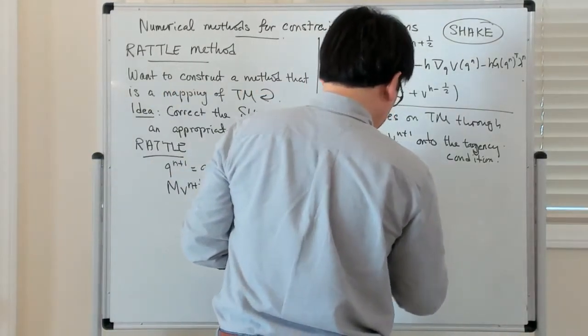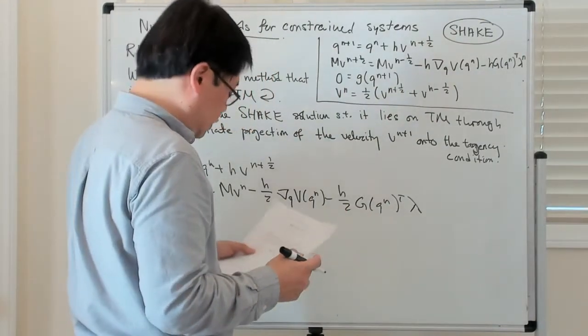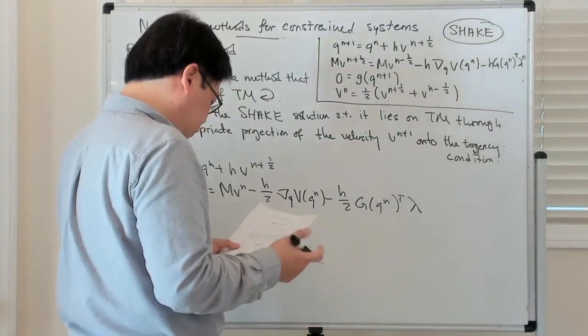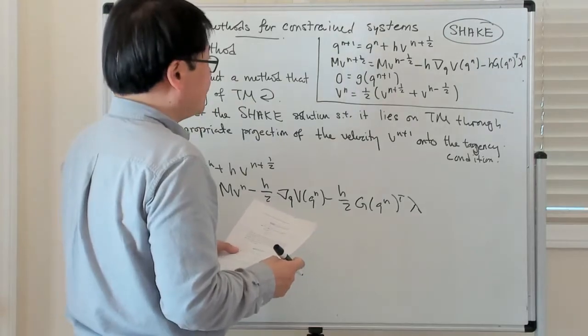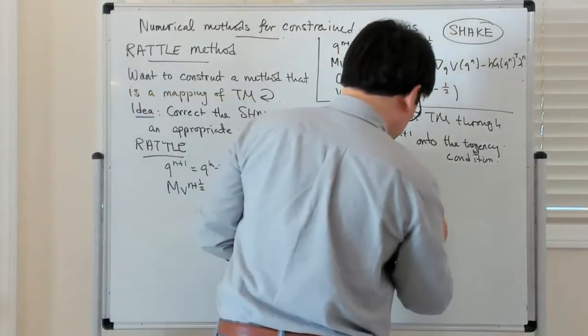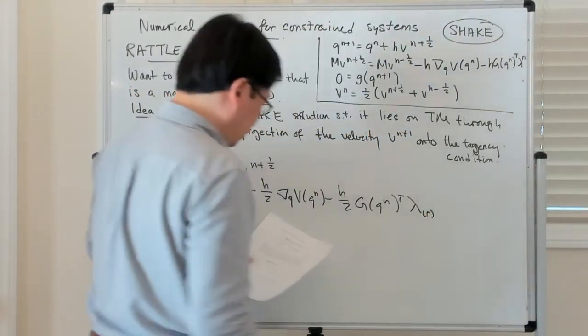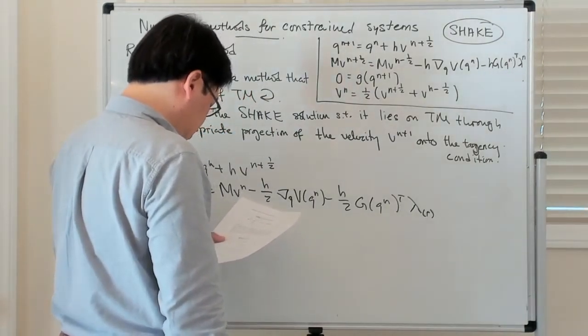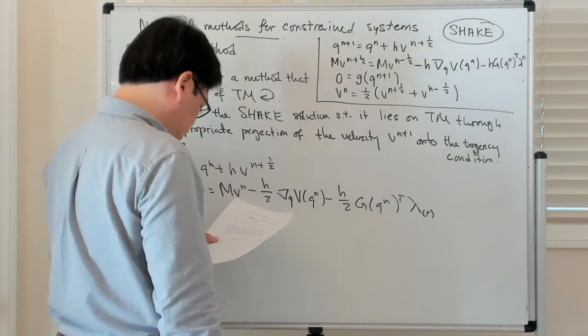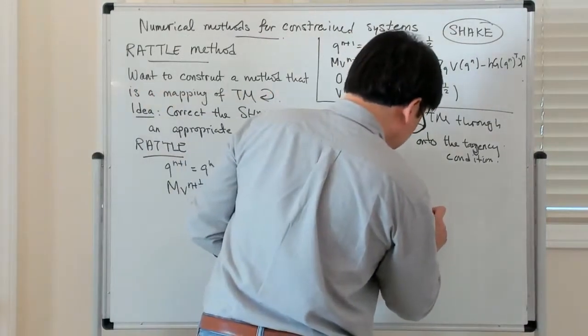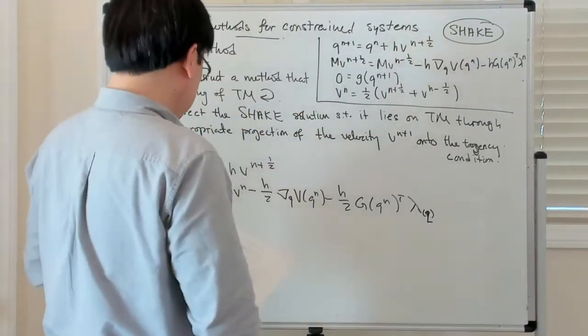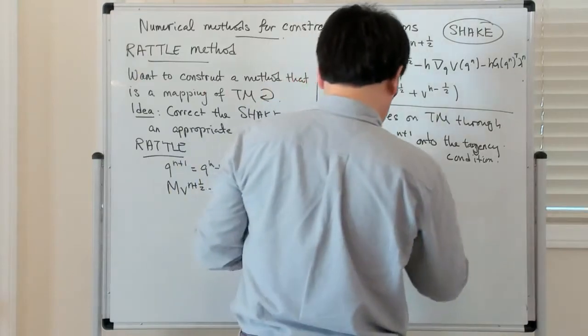Okay, and then I'm going to have two different sets of multipliers: one for the positions and one for the velocities. I'm going to denote the position ones by lambda, maybe I should write that as Q, just to be consistent in notation.